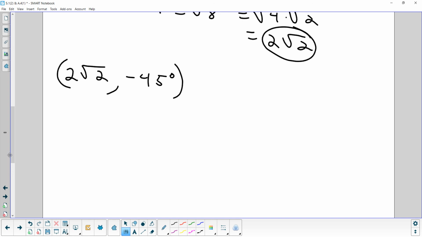Yeah, we have to add 360, so it brings us all the way back to the same spot. And what do you get if you add 360 to negative 45? Is it 250? So think of it as like 360 minus 45. Yep, 315.